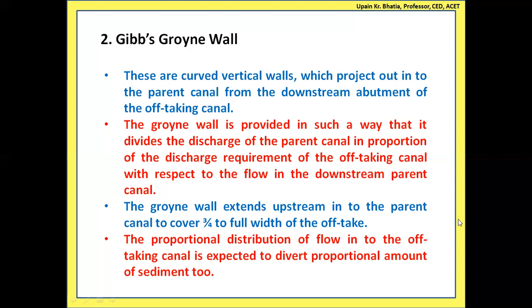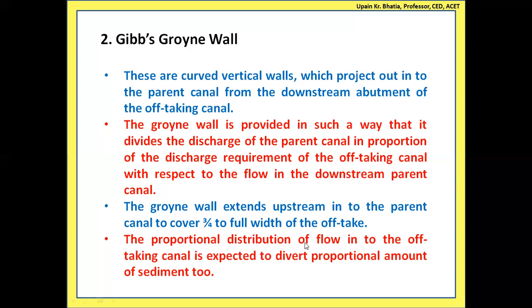Its extension is in the parent canal, but its length or coverage is referenced to the offtake canal. So up to 3/4 to full width of the offtake canal, whatever the width of the offtake canal, either full width or up to 3/4 of the width, this is the amount by which the groin wall will extend into the parent canal.